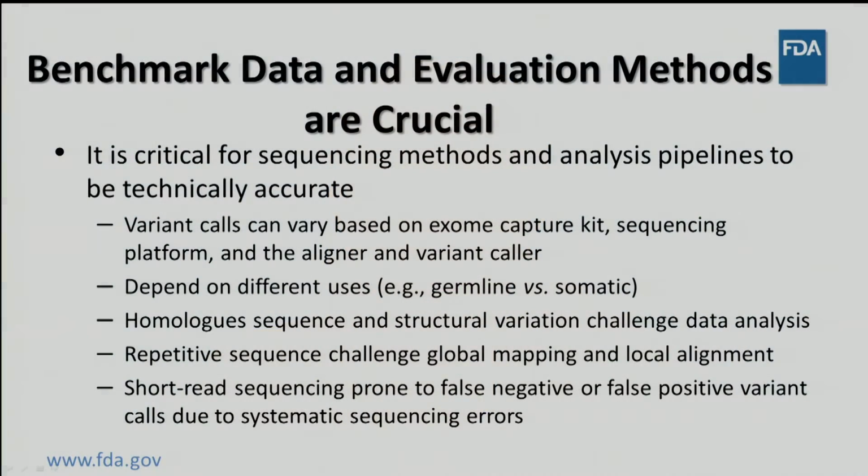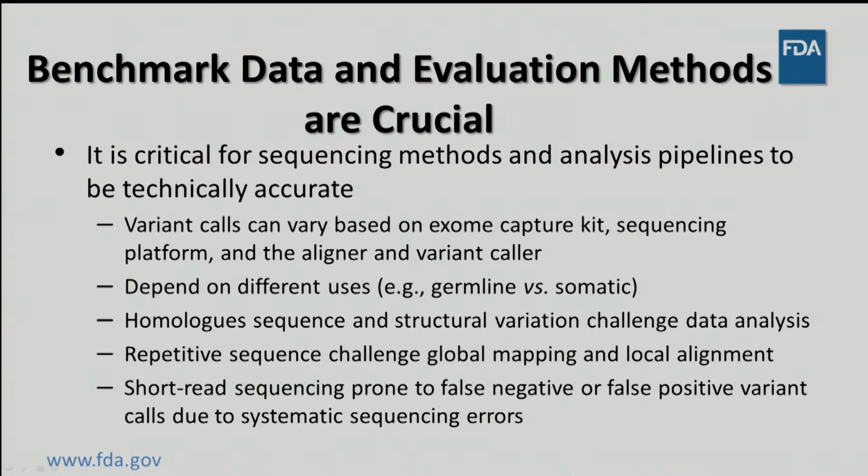As mentioned earlier, it's critical for sequencing methods and analysis pipelines to be technically accurate. Using this complex and rapidly evolving technology to detect genetic variants in the even more complicated human genome is challenging. Variant calls can vary based on capture kit, sequencing platform, and bioinformatics pipeline.